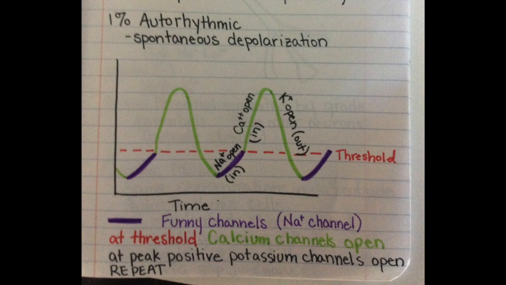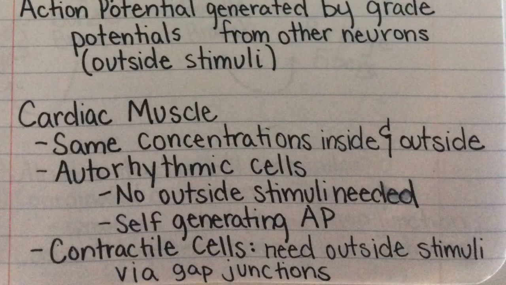When peak positive potential has been reached, potassium channels open and potassium rushes out of the cell, reestablishing the negative membrane potential. Again, when the negative membrane potential has been reached, this triggers the funny channels to open again, which results in the regeneration of an action potential. All of this is done within the cell and requires no outside stimulation from neurons or hormones.